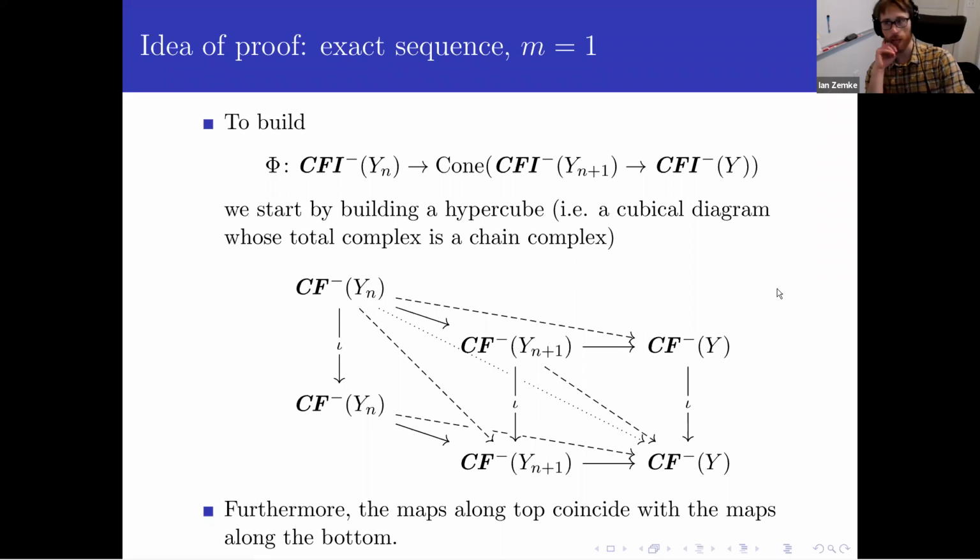The top and bottom faces are the diagrams that Ozsváth and Szabó used to define their proof of the exact sequence. Then the next step is to add in all these other maps. The purely vertical maps are just going to be the involutions. Then you have homotopies between all of these things, and then there's a long arrow that relates various compositions in the diagram.